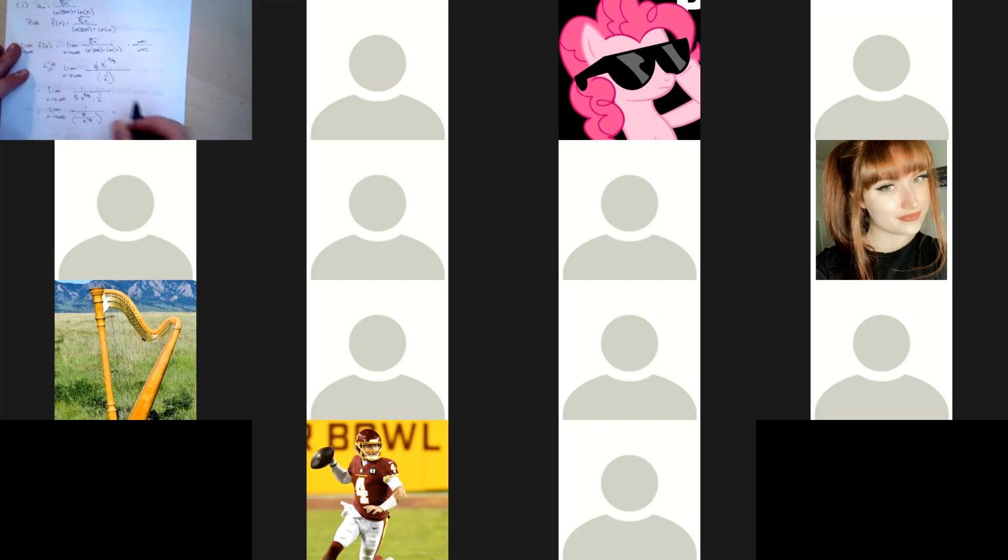When we do all the simplification, minding all of those fractions and fractional exponents, we see that it'll be an x to the 1/3 in the numerator. And so as x goes to infinity, we'll get infinity.